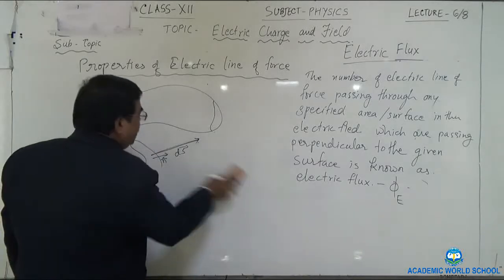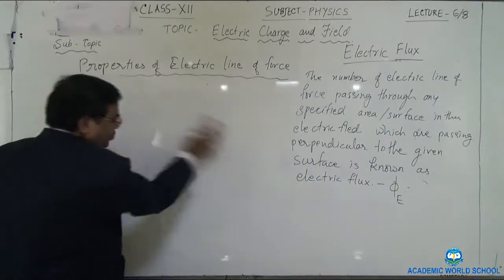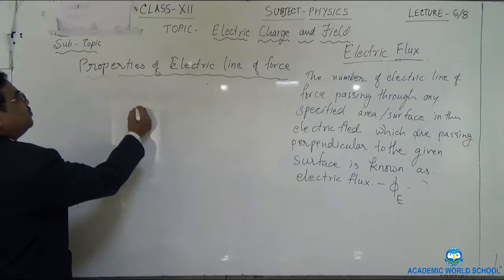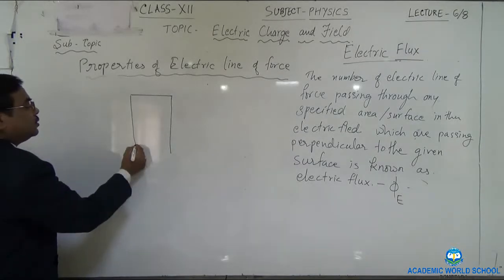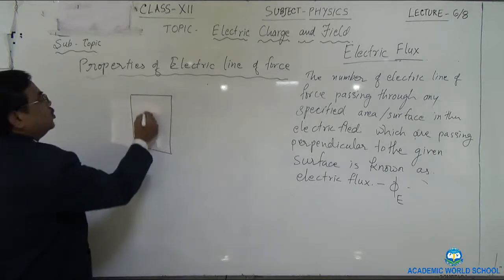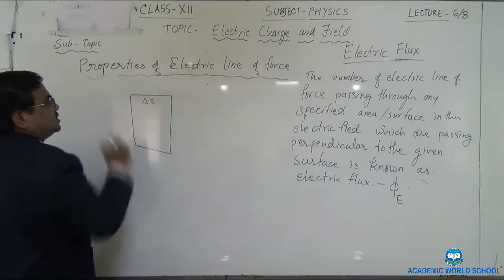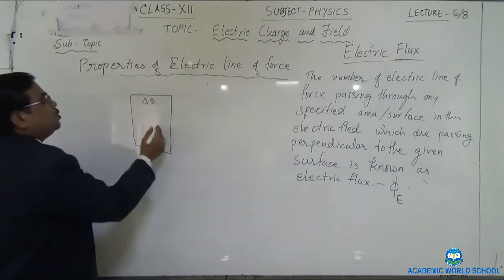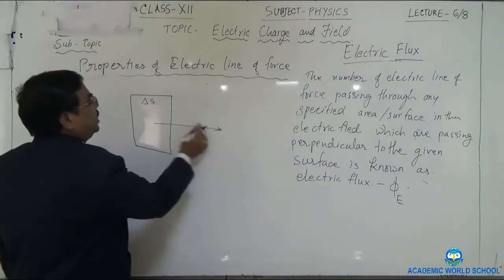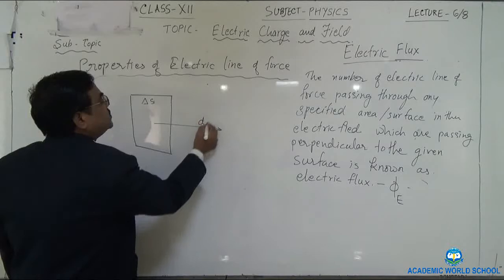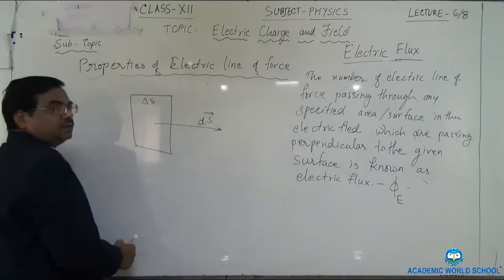Let's understand in more detail like this. If this is the area, so area is delta S. Perpendicular to this surface, the area vector, this is your ds.